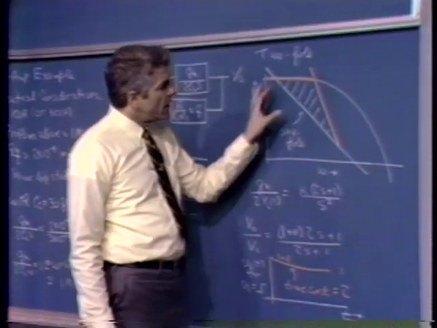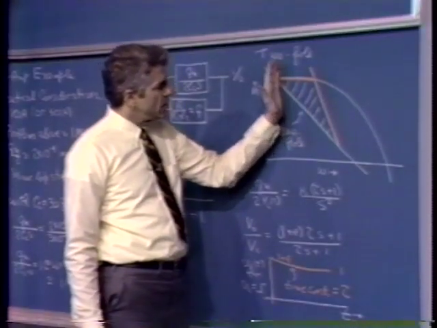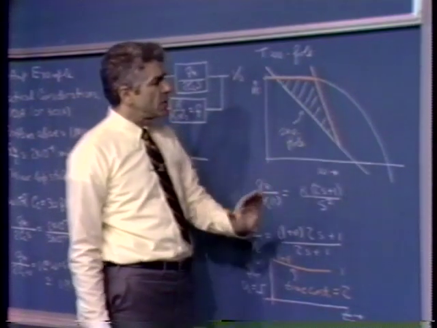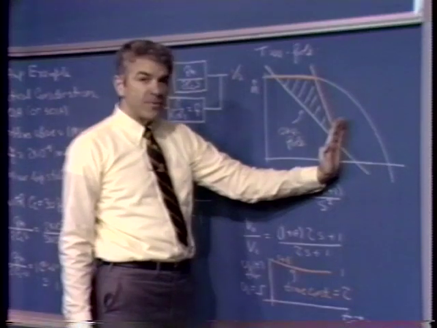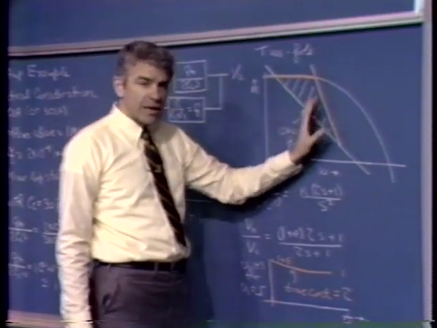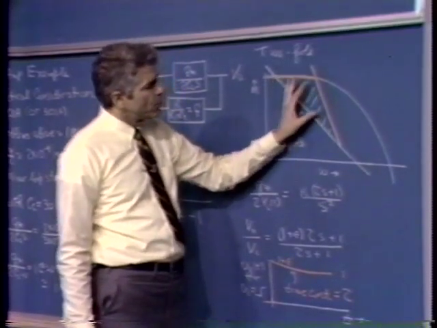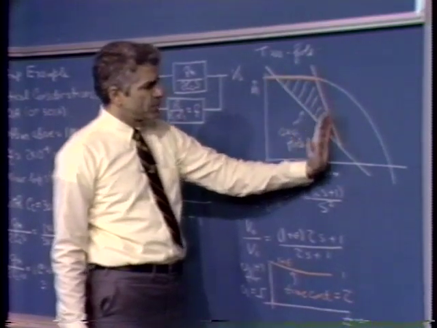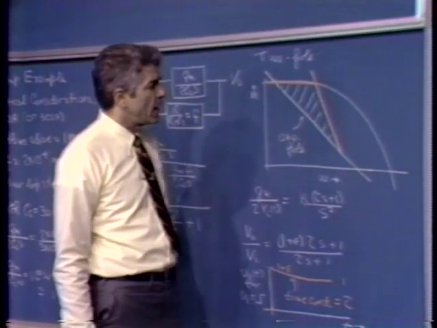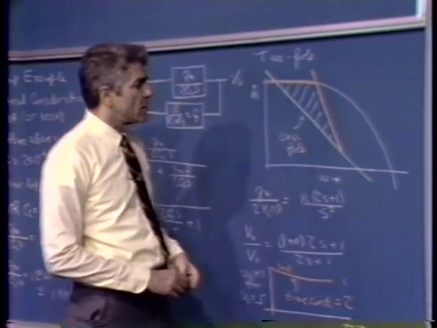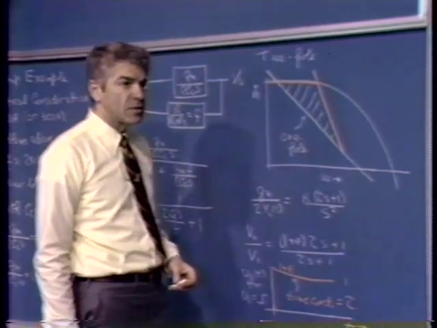If we used a sinusoid anywhere from this frequency to this frequency, and the numbers here are something like 10 hertz and 100 or 150 kilohertz, any signal in that region, or any signal whose dominant spectral components lay in that region, would get a considerably smaller error signal with 1 over S squared compensation than with 1 over S compensation.